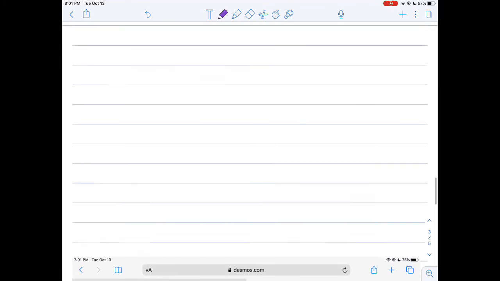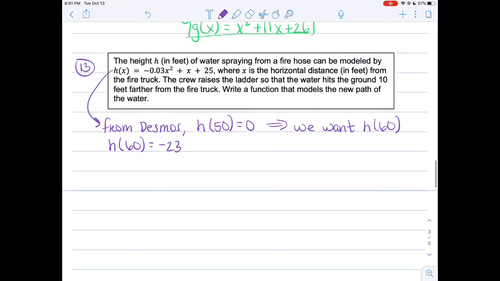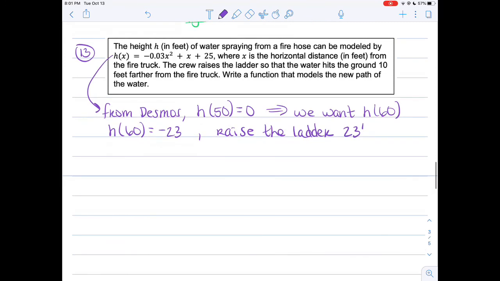So let's say that up here. So we want to raise the ladder 23 feet. How do we do that? We tack a 23 on the end of the equation.